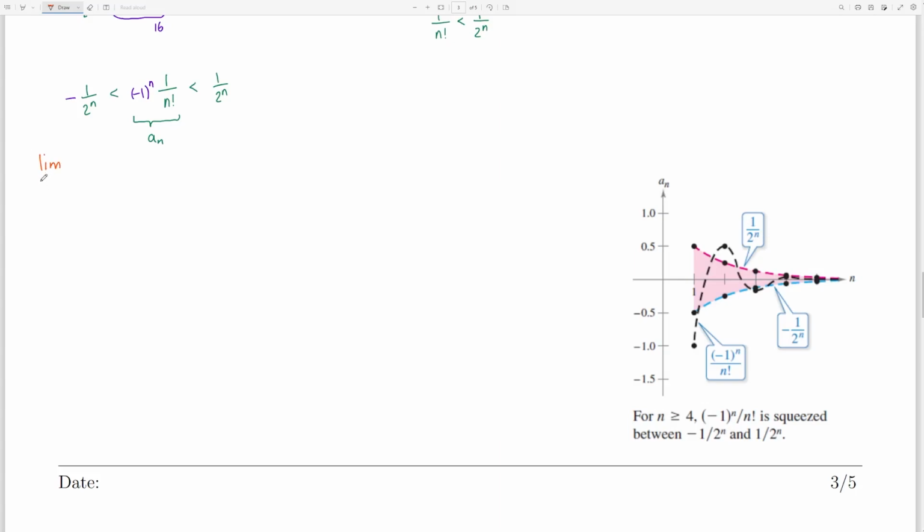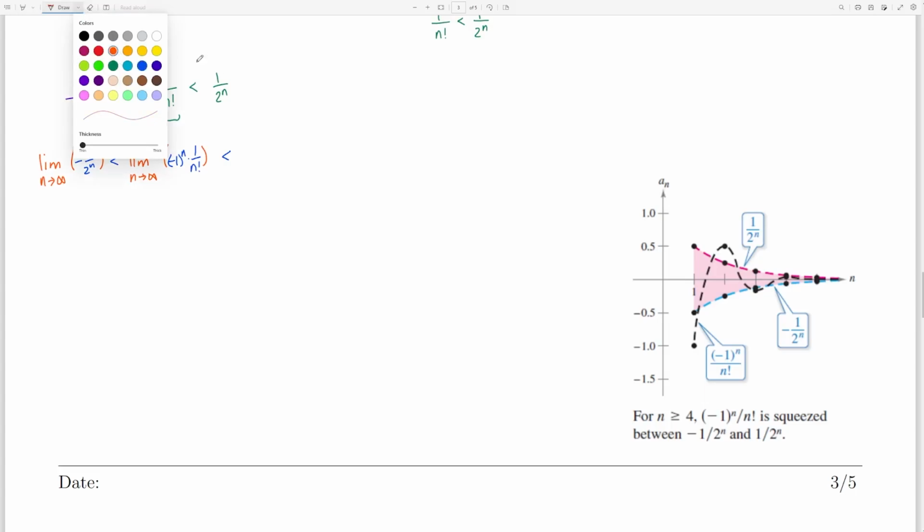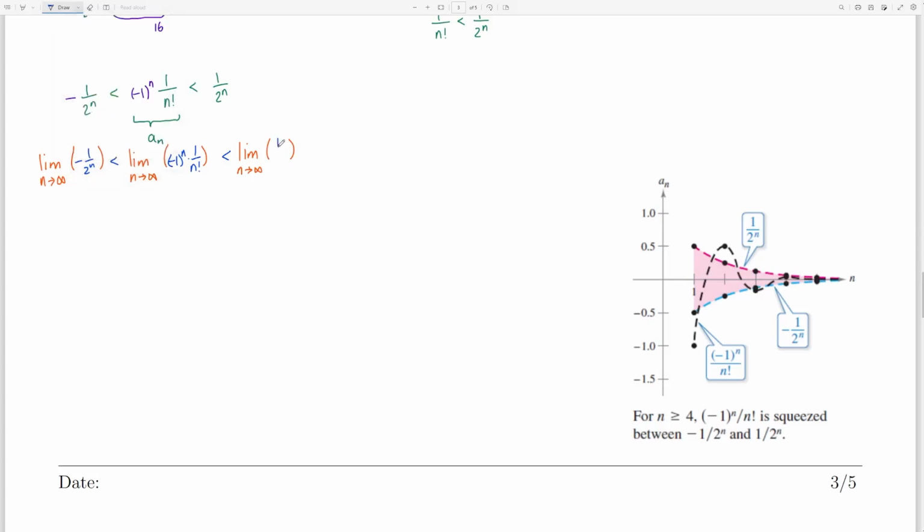So we're going to take the limit as n goes to infinity of negative 1 over 2 to the power n, and then that is less than, and then we take the limit of the middle part, limit as n goes to infinity of negative 1 to the power n times 1 over n factorial, and that is less than, and then we take the limit of the right hand side, limit as n goes to infinity of 1 over 2 to the power n.